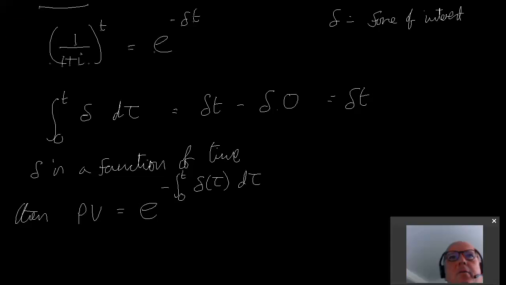Let's see how we would deal with that. So delta at time 0 is equal to 5%. That's the force of interest. Delta at time 2 is equal to 3%.